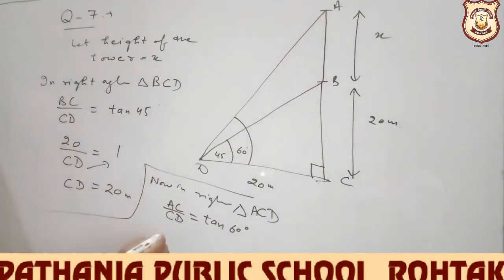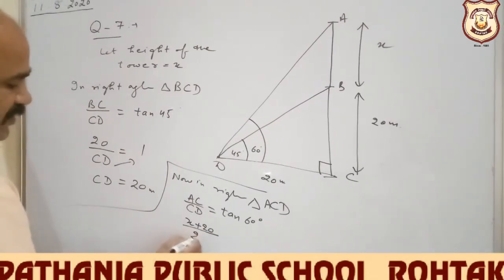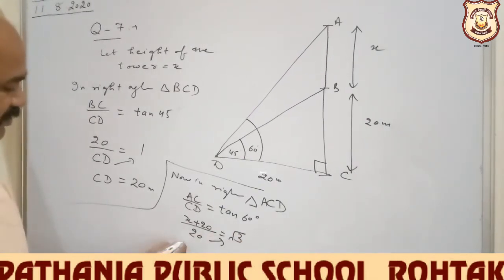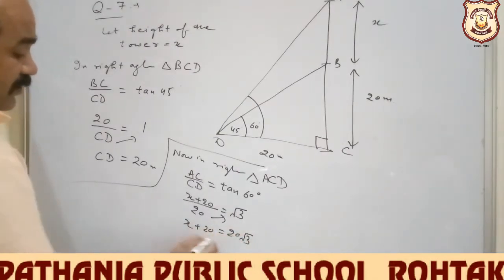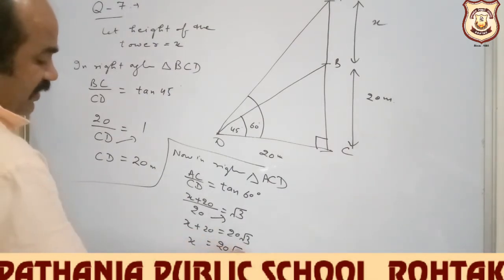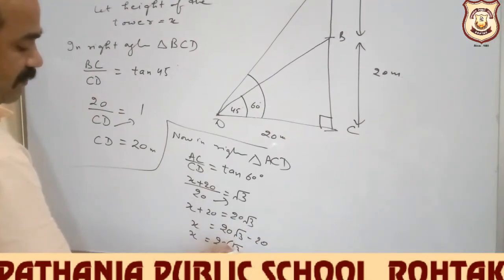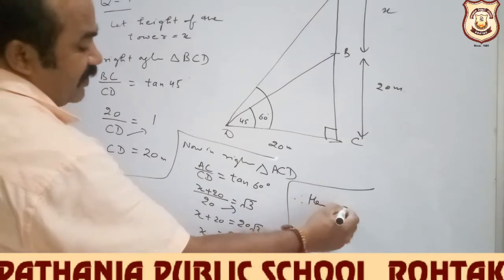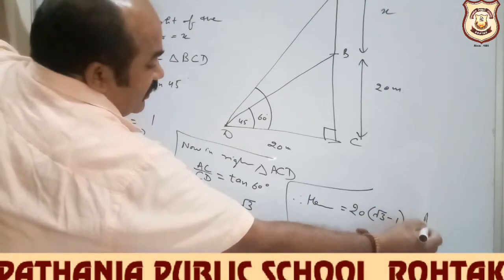AC is what? x plus 20, CD 20, tan 60 is root 3. 20 you will take on that side, x plus 20 equal 20 root 3. So x equals 20 root 3 minus 20. 20 you will take common, root 3 minus 1. Therefore, height of tower equals 20 into root 3 minus 1 meter is our answer.